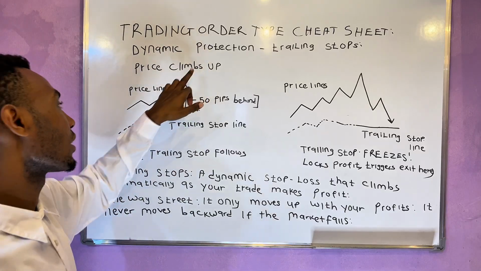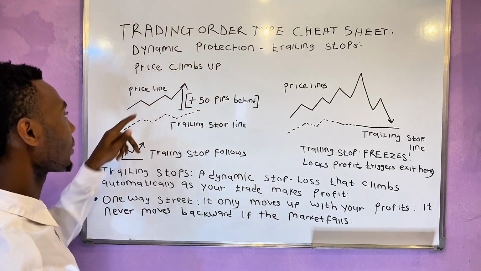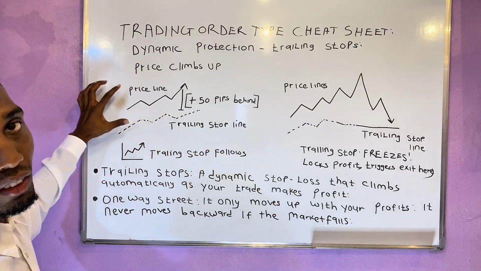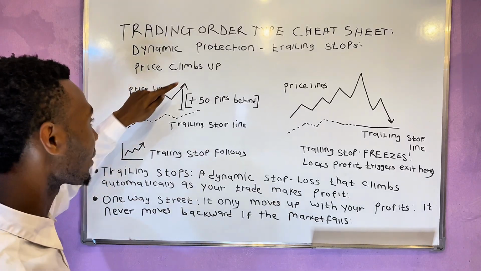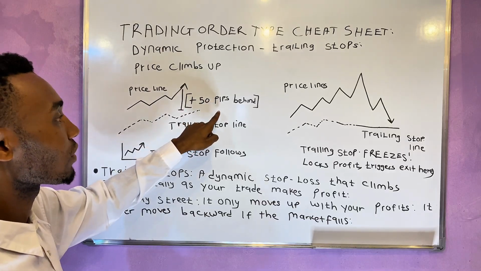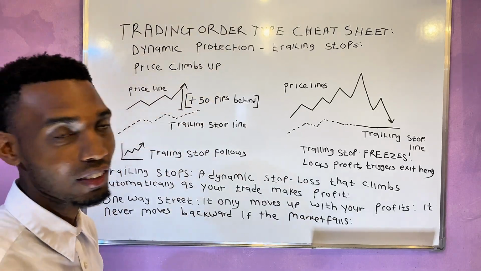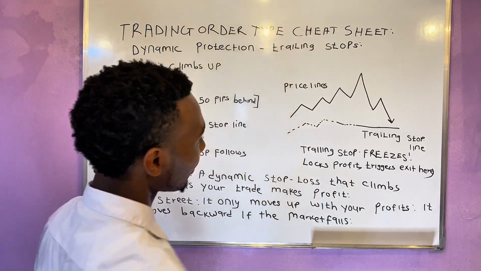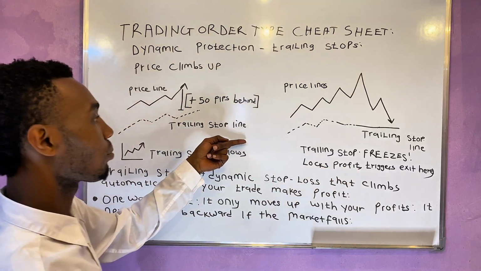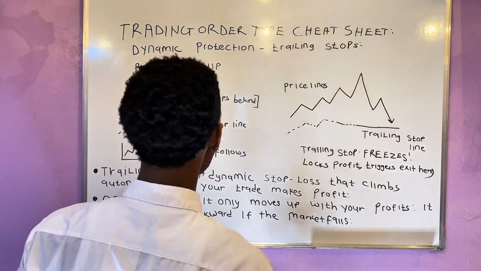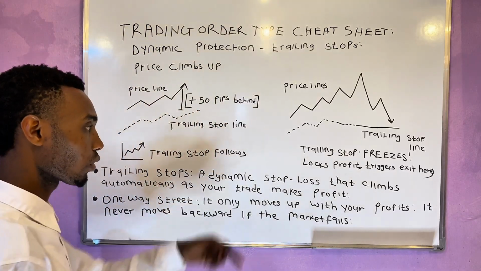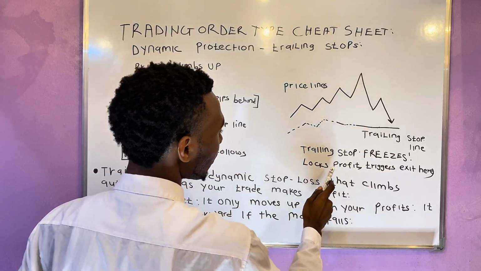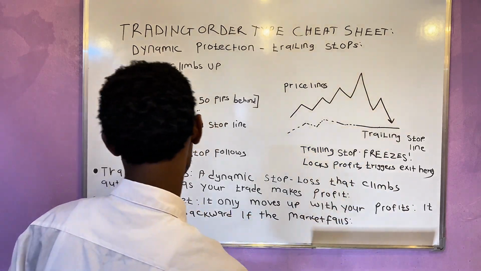The price climbs up, and the stop is 50 pips behind. This is the trailing stop line. The trailing stop follows the price, then freezes when price falls. It locks in profit and triggers the exit here.